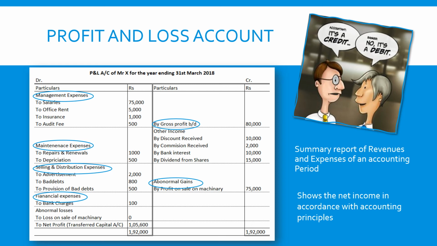What is this abnormal gain and what is this abnormal loss? Anything which is related to business but not directly related to business. Suppose you are in a manufacturing business and you have used machinery to manufacture your final goods.